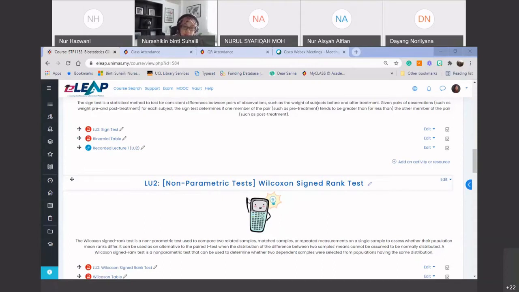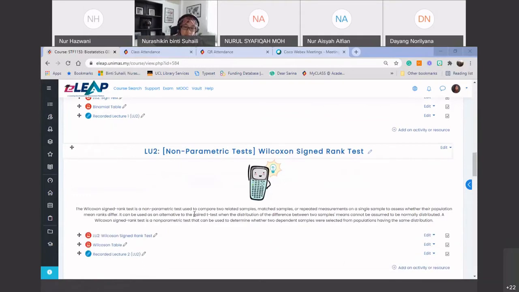For the Wilcoxon sign rank test, the definition of the test is also for comparing two related samples, the samples that are associated, that are matched, matched samples, repeated measurements of a single sample. So those are related. That is the type of data that requires the Wilcoxon sign rank test or sign test.